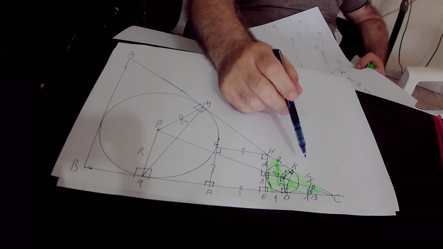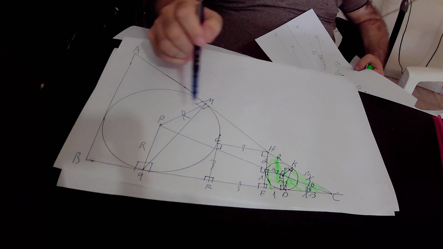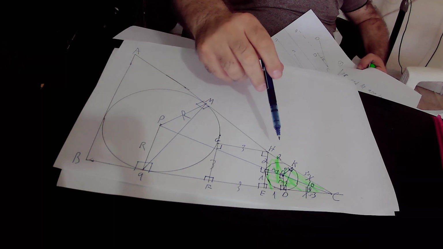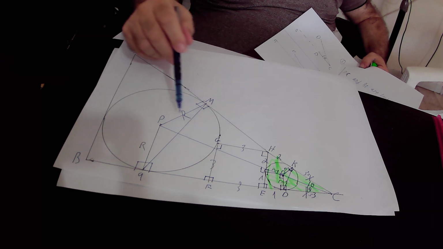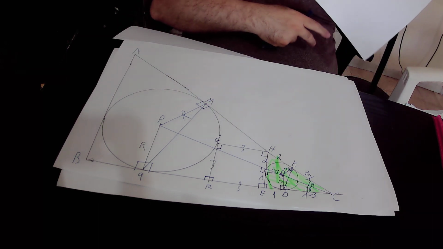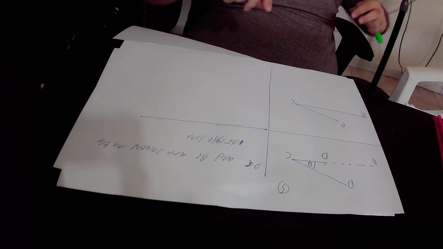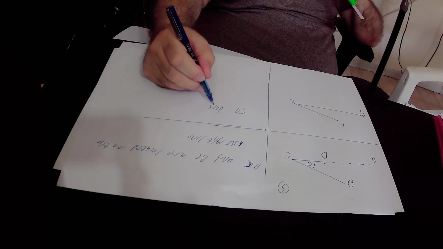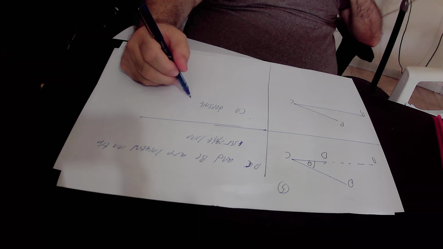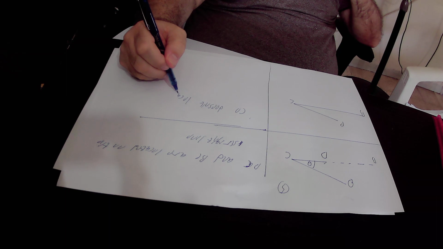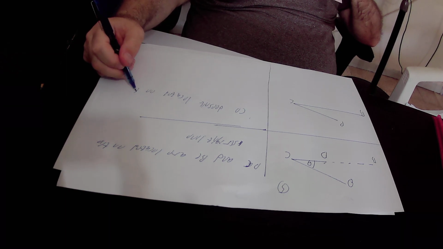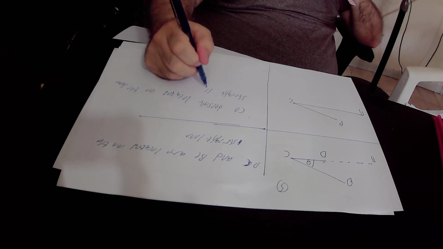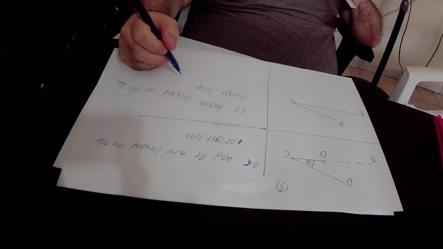According to our assumption, CO doesn't pass through point P, therefore CO isn't located on the same straight line as CP.